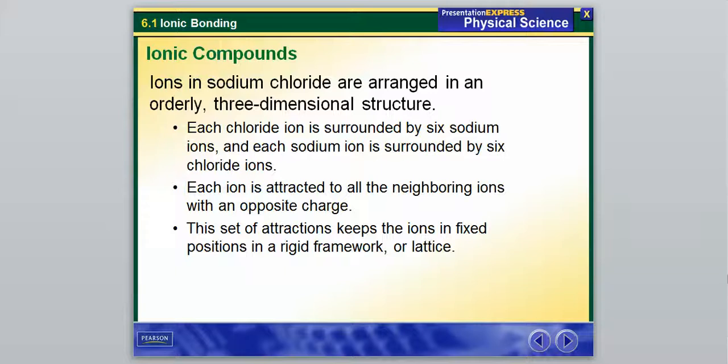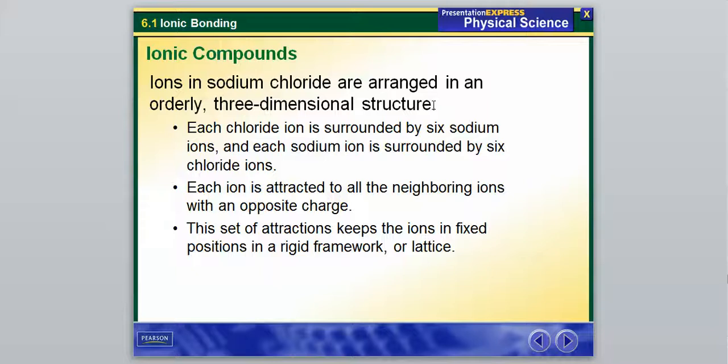Ions in sodium chloride are arranged in an orderly three-dimensional structure. Each chloride ion is surrounded by 6 sodium ions, and each sodium ion is surrounded by 6 chloride ions. That's going to make a really orderly arrangement that we'll see in a second. Each ion is attracted to all the neighboring ions with an opposite charge.